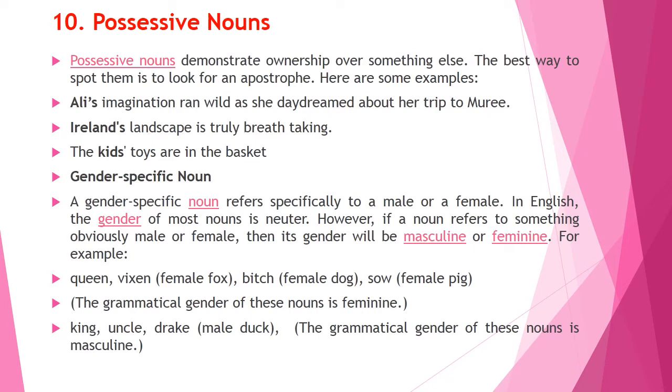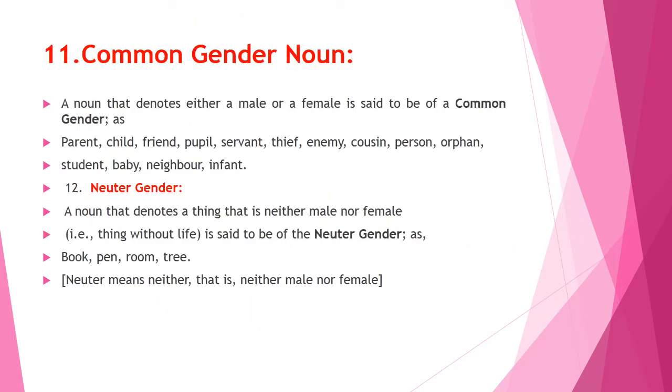For example, queen, vixen, bitch are examples of feminine nouns, and king, uncle, drake are examples of masculine nouns. Next type of noun is called common gender noun.